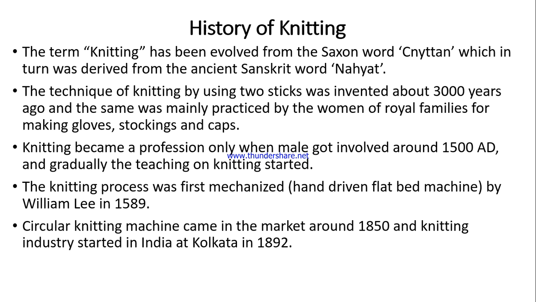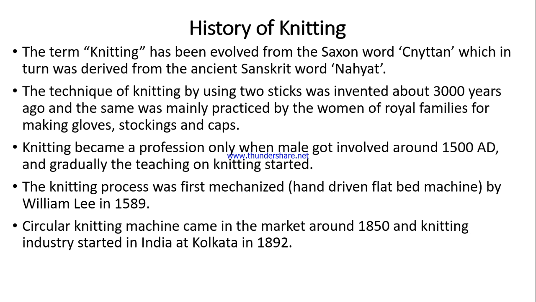The knitting process was first mechanized by a hand-driven flatbed machine in the year 1589 by William Lee. In 1589, the first flatbed knitting machine, the simplest knitting machine, was invented. The circular knitting machine is a more sophisticated machine than the flatbed knitting machine, and it came to the market around 1850, much later.